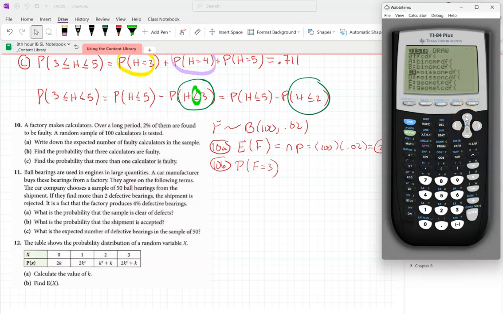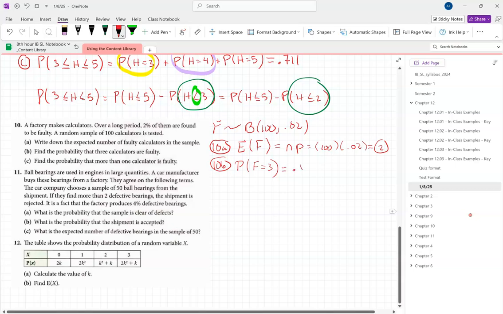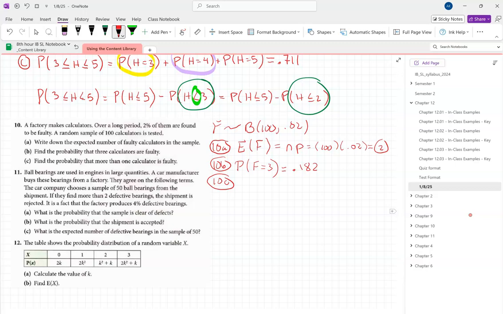PDF. 100 trials, 2% faulty. We need 3 faulties. So I got 0.182. So far, so good.